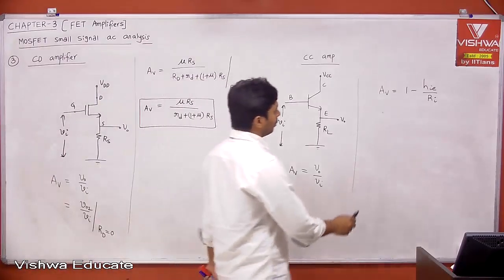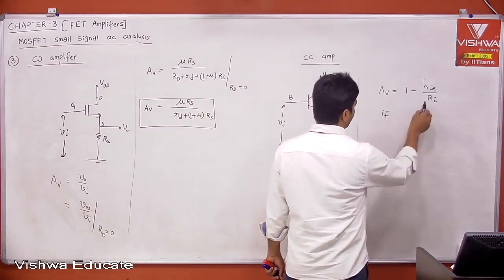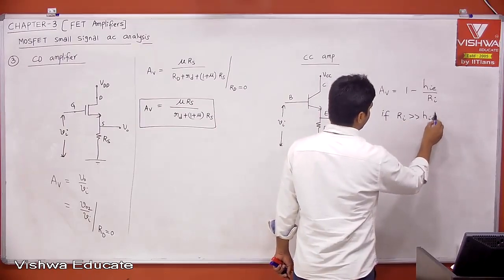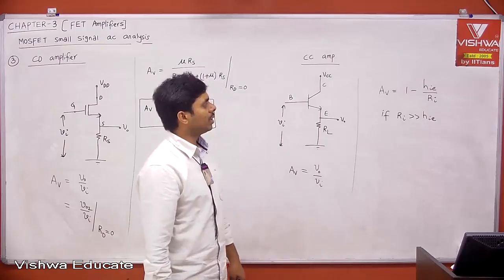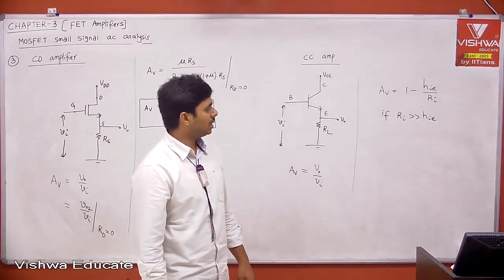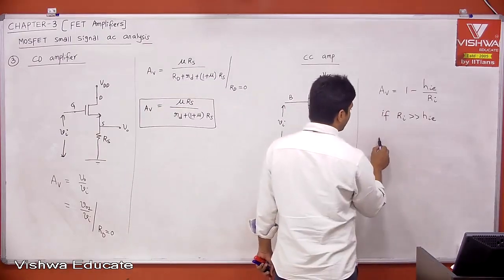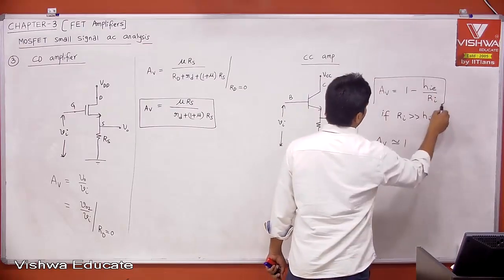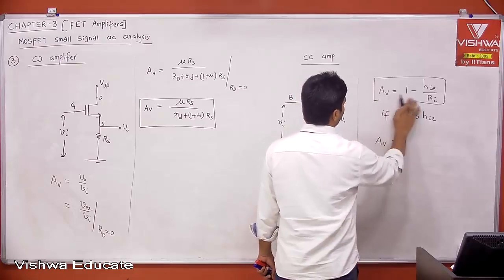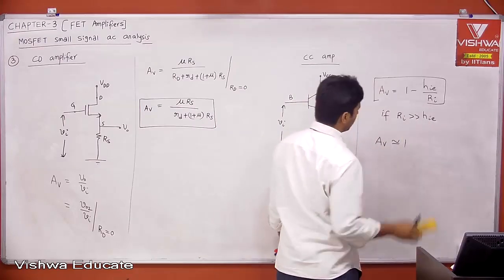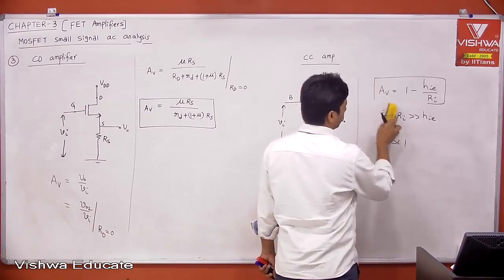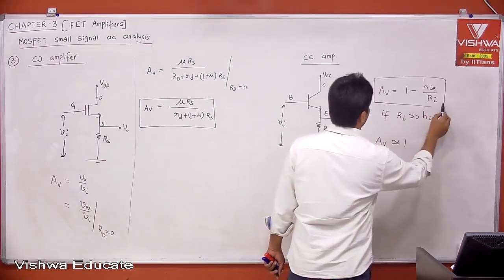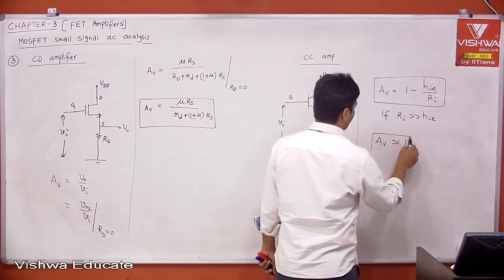That time I told, if RI, the input impedance, is very much greater than HIE, then what is your voltage gain? Your voltage gain is approximately equal to unity. This is the original formula, but this is the derived formula.